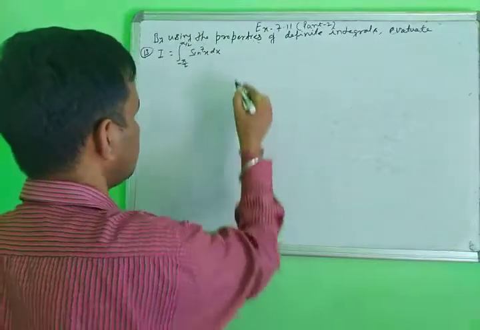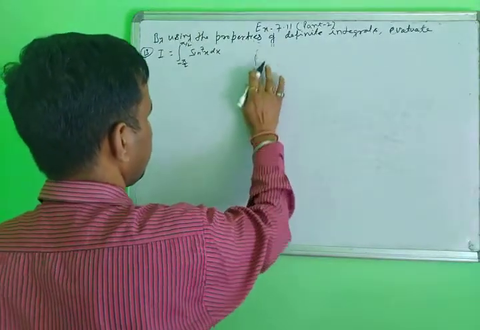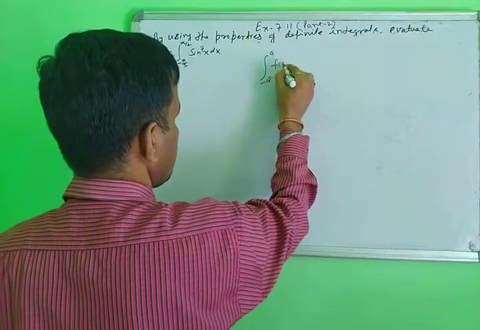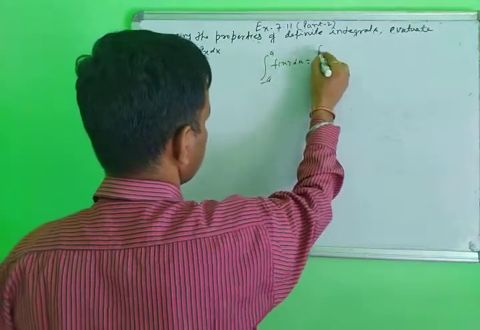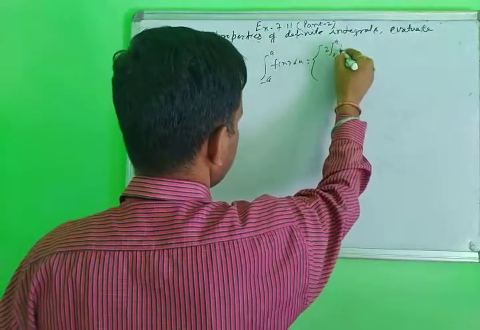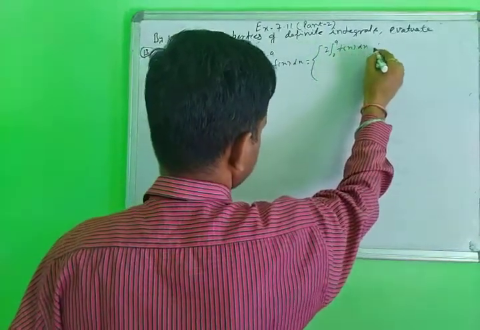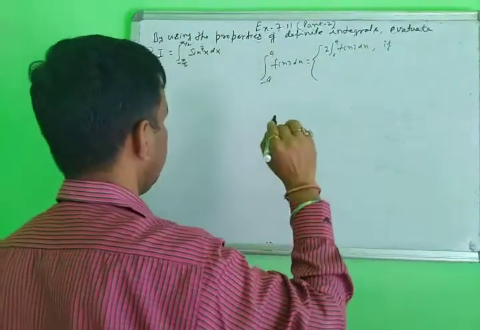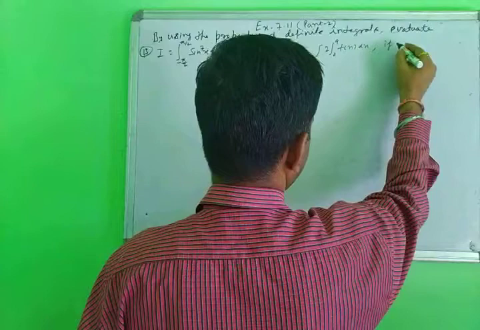Which type of function here? The integral from minus a to plus a of f(x) dx equals 2 times the integral from 0 to a of f(x) dx if the function is even.